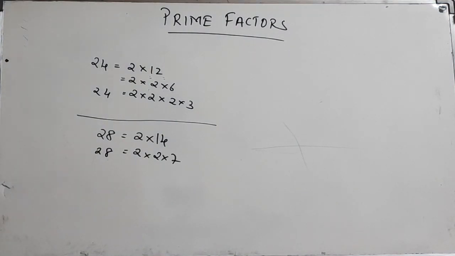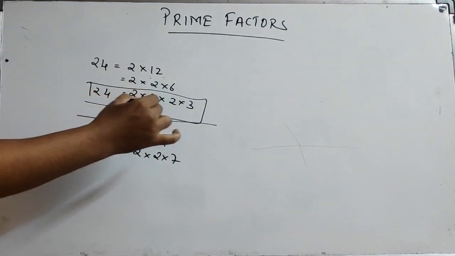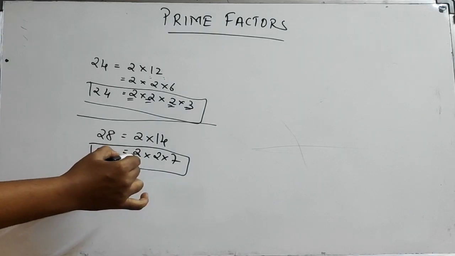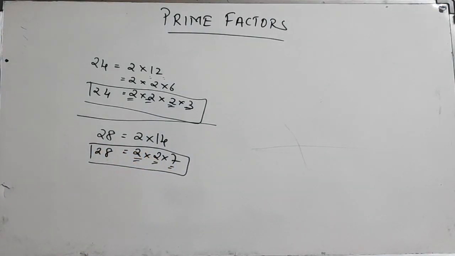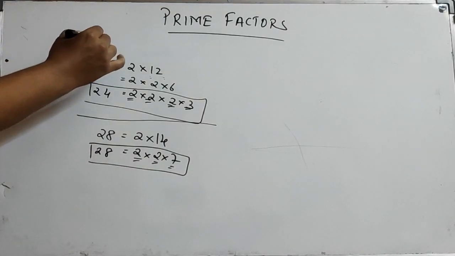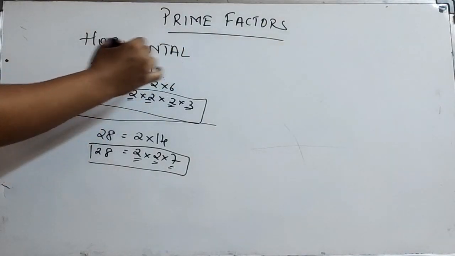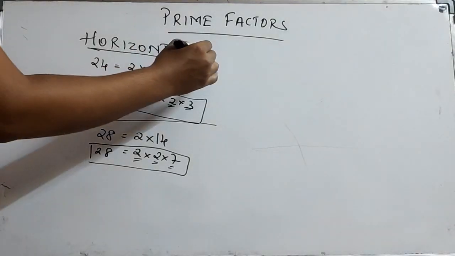Understood? See, at the end, all the numbers are prime numbers. Even here, at the end, all the numbers are prime numbers. This is the horizontal method.